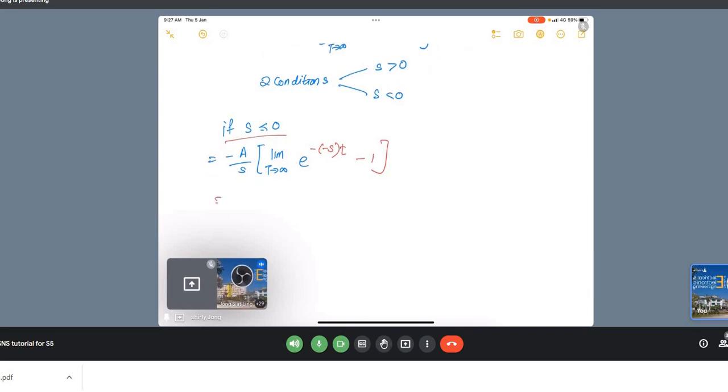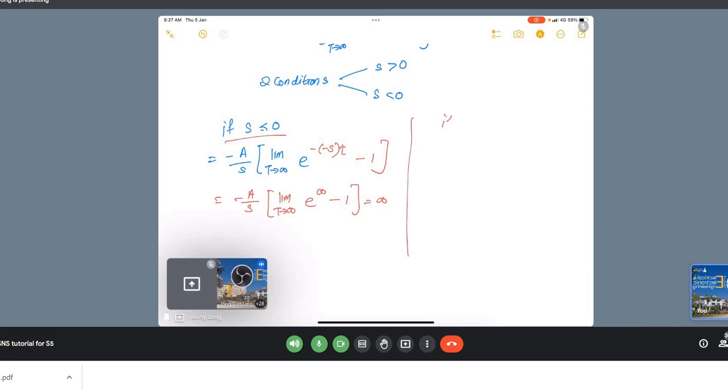This will become exponent positive infinity, because negative s is a positive s. Positive st, when the t is substituted with infinity, this will go to infinity.